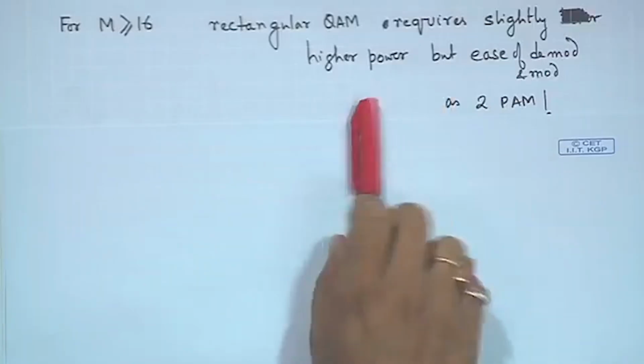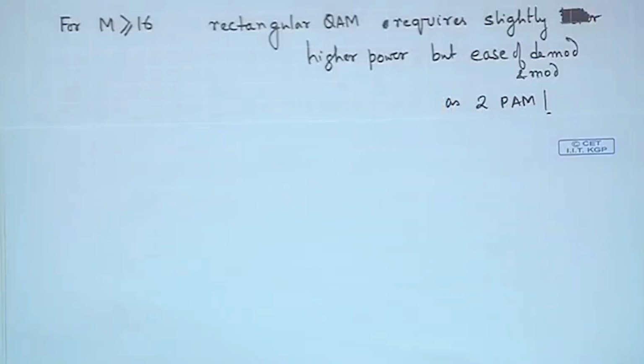If we are taking m greater than or equal to 16, then rectangular QAM requires only slightly higher power than circular QAM or any other thing. What we mean is that if you choose another constellation, you could make many possible constellations.